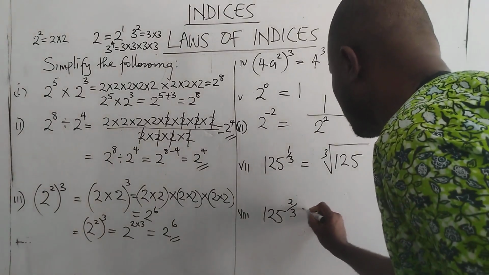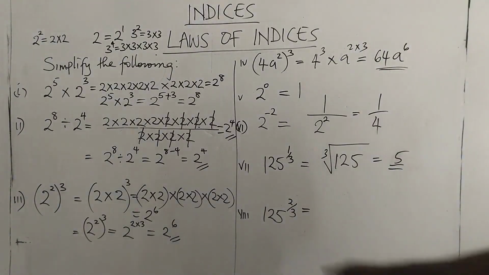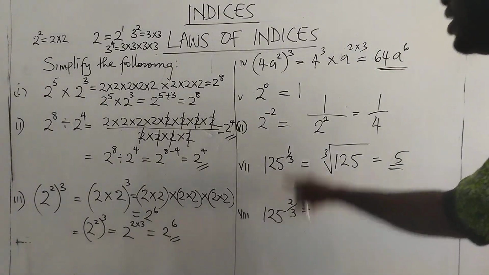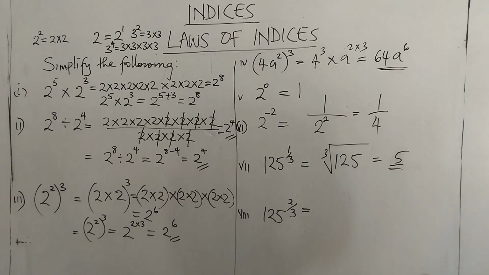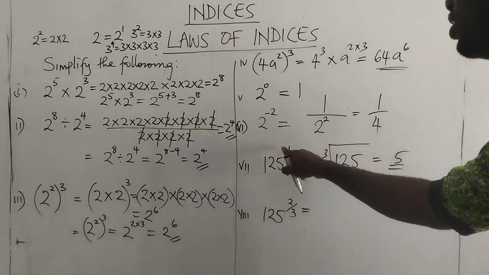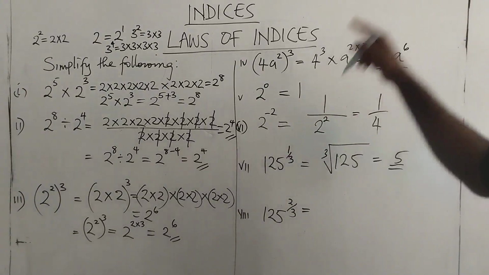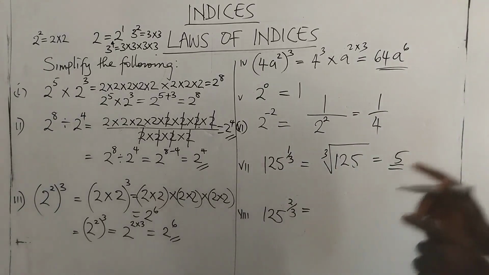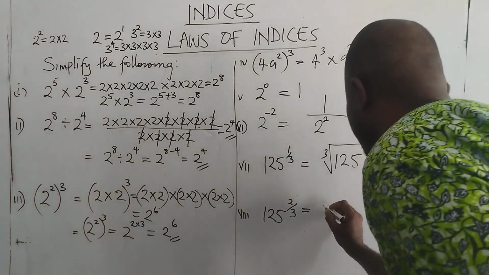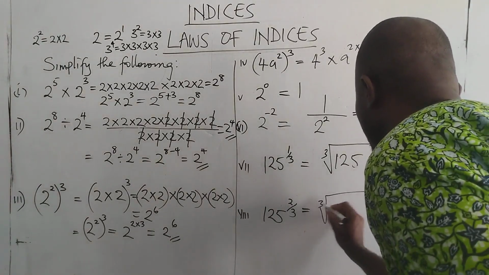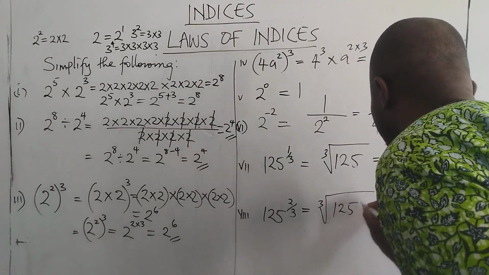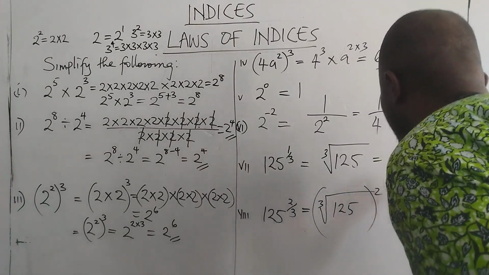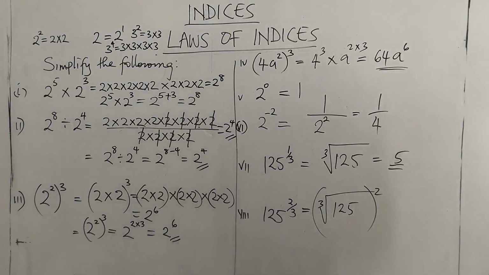Now, the last one says 125 raised to power 2 over 3. Now, I said, as long as the numerator is 1, this is what you do. But if the numerator is not 1, this is how you interpret it. The denominator will still come out as a root, but that numerator will now be seen as a power.